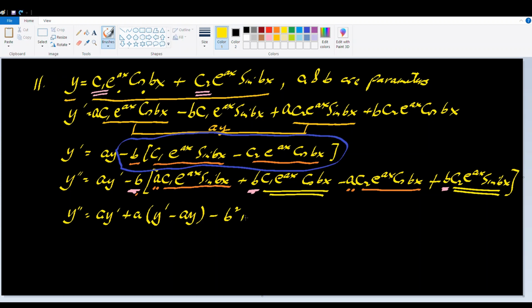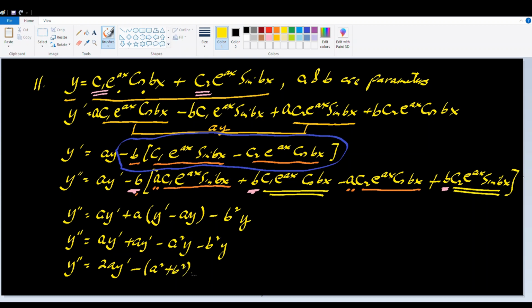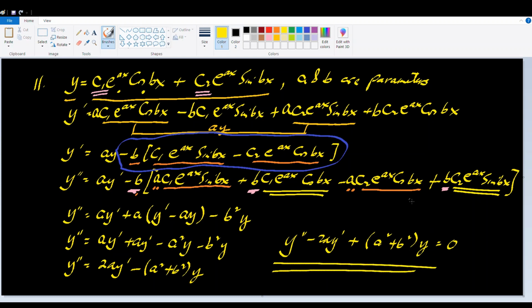So what do we have now? y double prime equal to ay prime plus ay prime minus a squared y minus b squared y. Y double prime equal to 2ay prime minus a squared plus b squared times y. Okay? Or y double prime minus 2ay prime plus a squared plus b squared times y equal to 0. Okay?